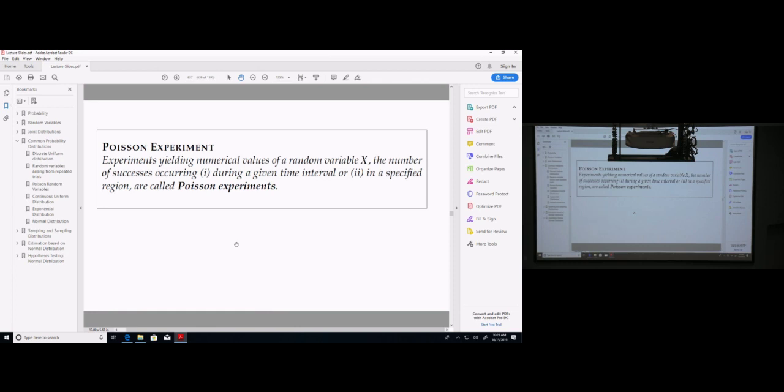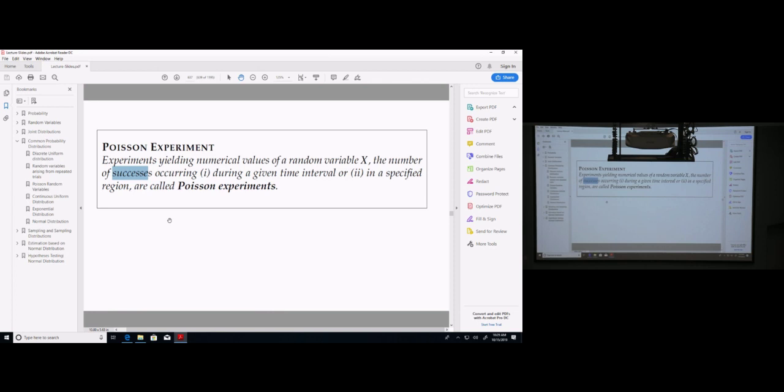So basically, in a lot of Poisson applications, we are interested in something we call a rare event, like accidents at a road junction. You don't have accidents a lot. So what do we mean by rare? Rare is relative to the time.